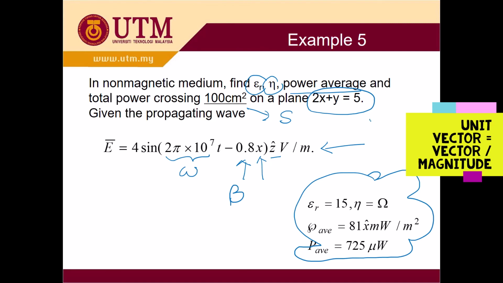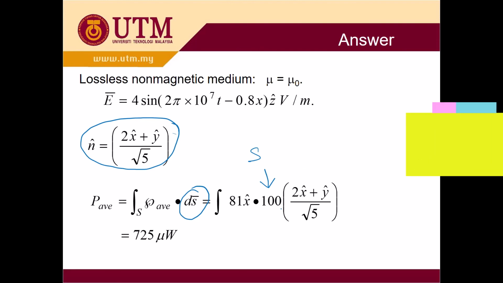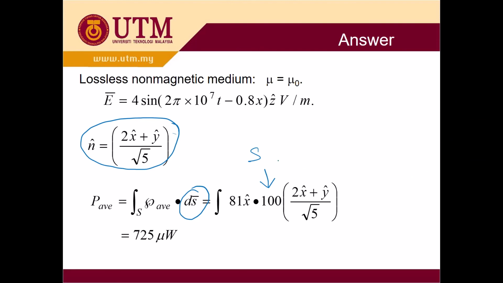Let's say the plane is slightly like this, so this is the normal vector. The S should be 100 centimeter square, and you have to change it to meter square.